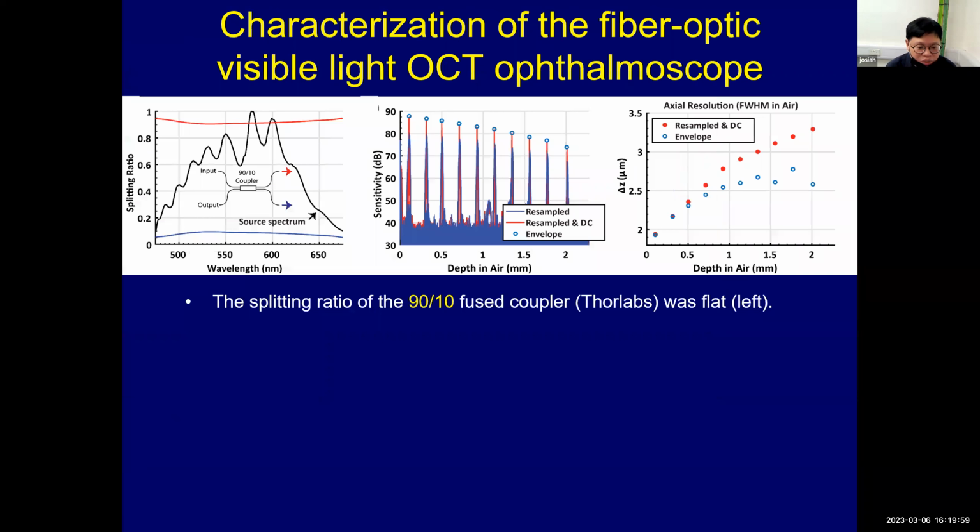So we characterized the performance. When we started this project, we were the first to demonstrate fiber-optic visible light OCT, because previously most visible light systems were free space. It's harder to make couplers that work for broadband visible light.